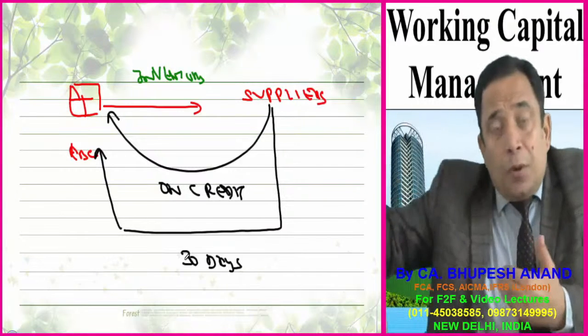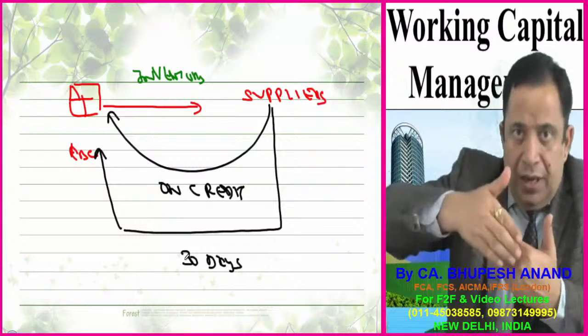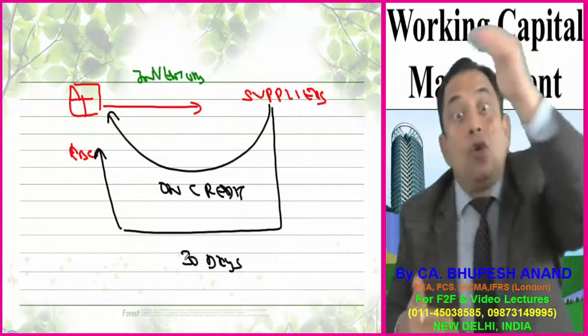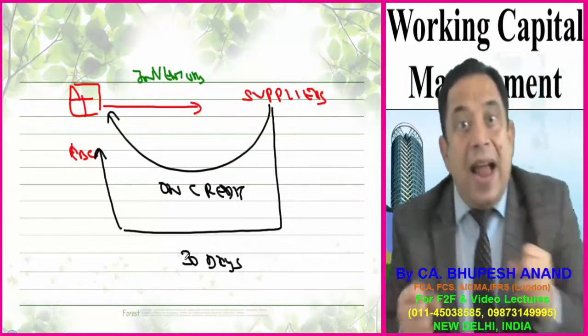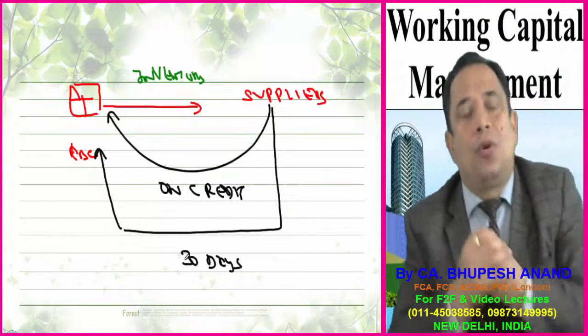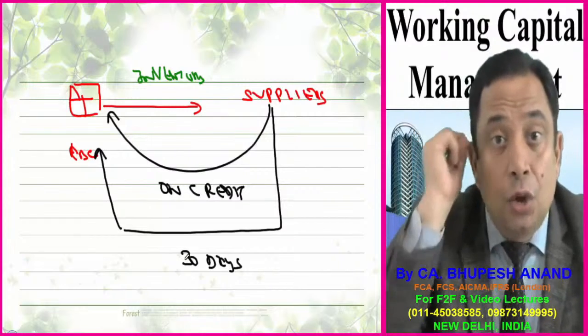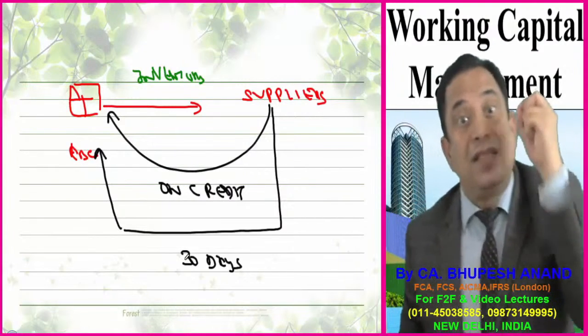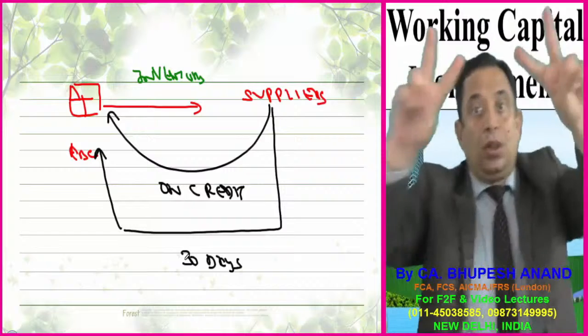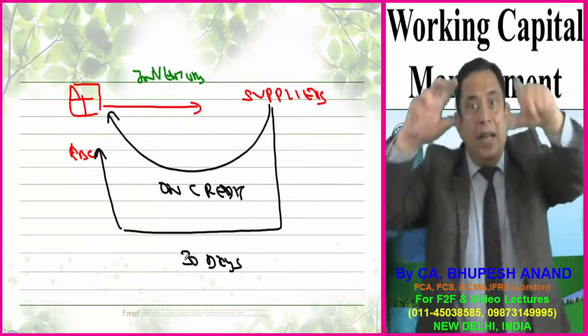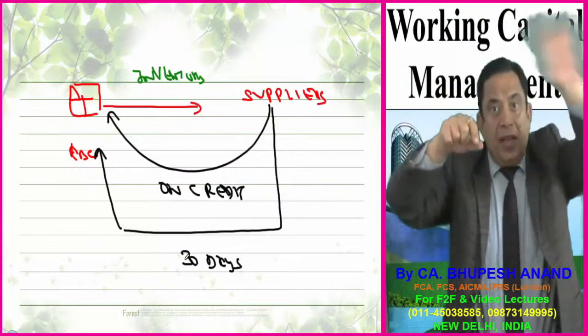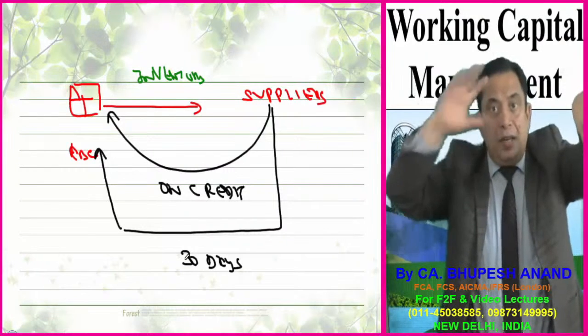What we are supposed to pay on the 30th day, we have to pay earlier. So my outflow will be restricted and there will be a pull on my outflow. You are getting my point? Pull is always in relation to outflow and drag is always in relation to inflow. These two points you have to remember: drag in is related with inflows and pull out is related with outflows.